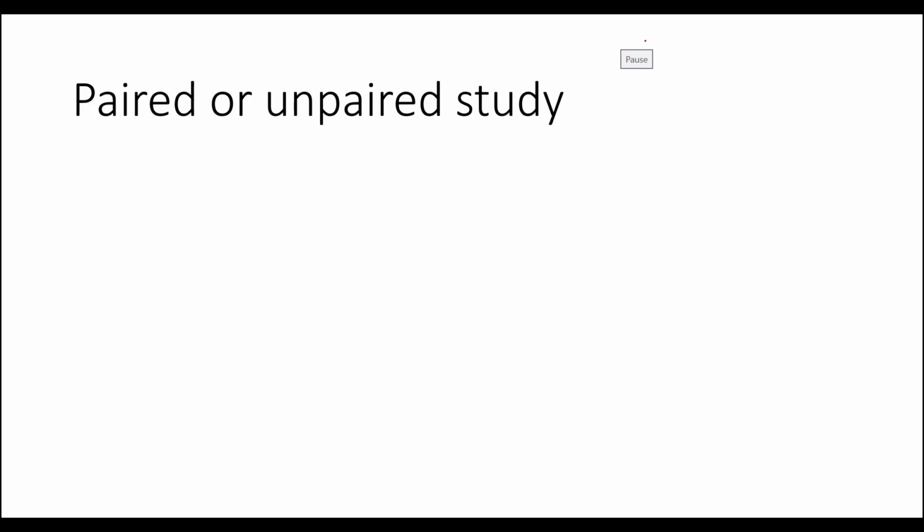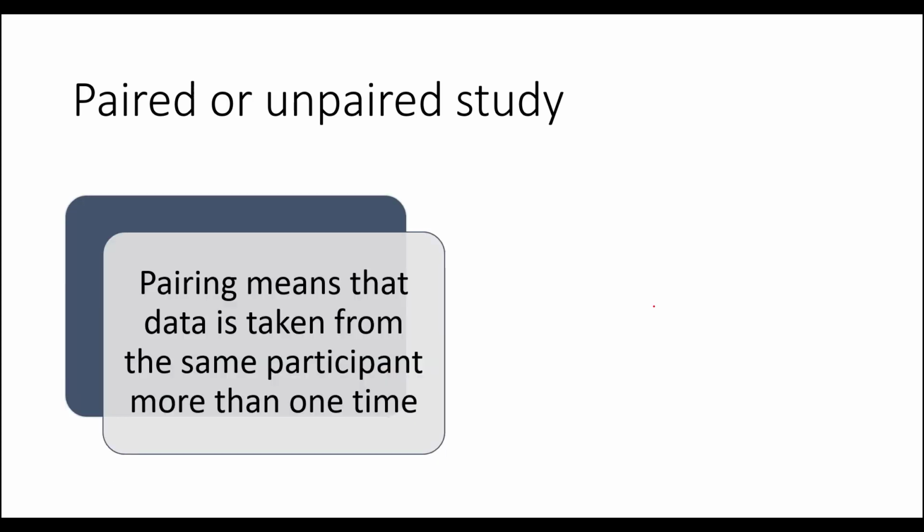After considering the type of data, the next thing to consider is whether the study is paired or unpaired. In a paired study, data is taken from the same participant on more than one occasion. The most common example is the before and after study design.